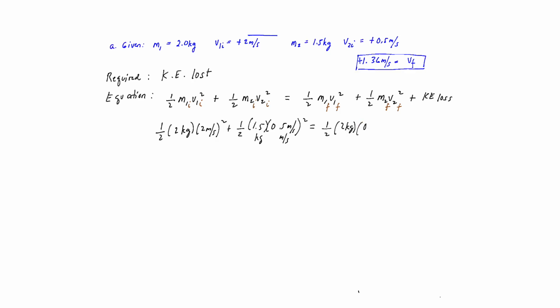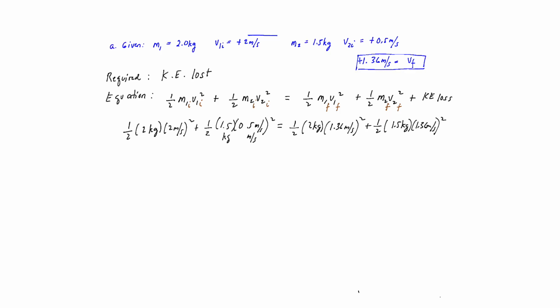The velocity now is 1.36, right? So that would be 1.36 squared, plus 1/2 times 1.5 kilograms times 1.36 meters per second squared. And of course, we're going to have an energy loss for that, so plus kinetic energy loss.